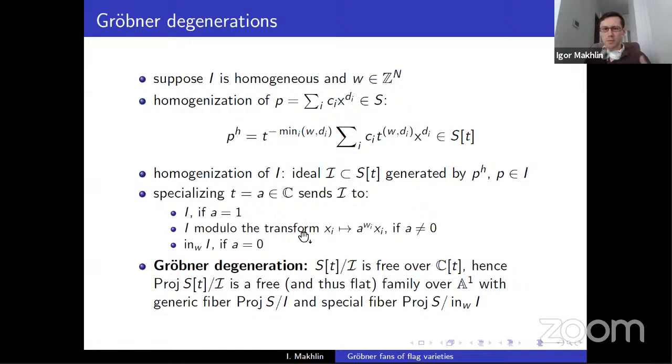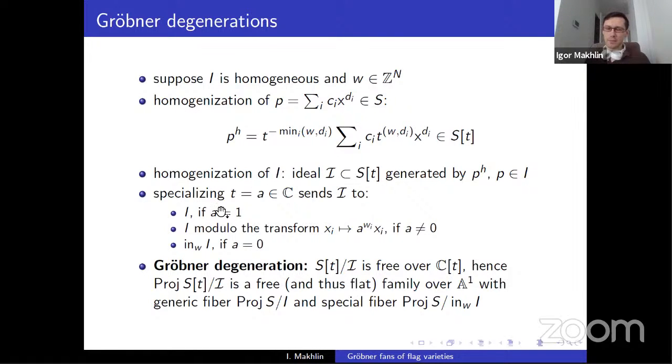So this is what happens when we specialize t to a non-zero number. And this is what I said about t going to 0. If we specialize t to 0, then this homogenization specializes precisely to the initial ideal, right?